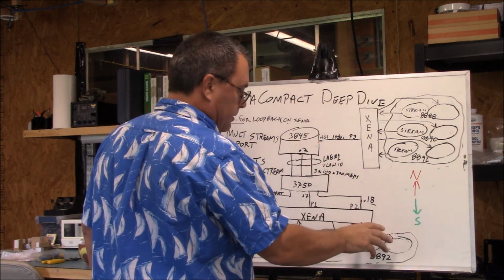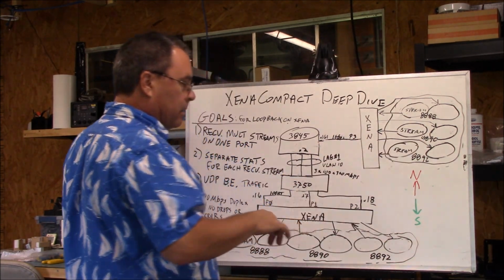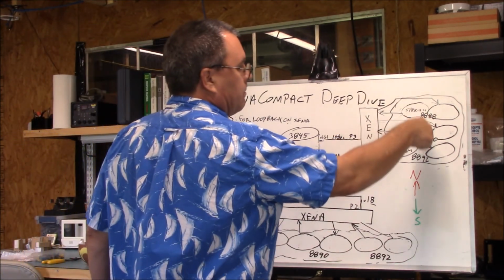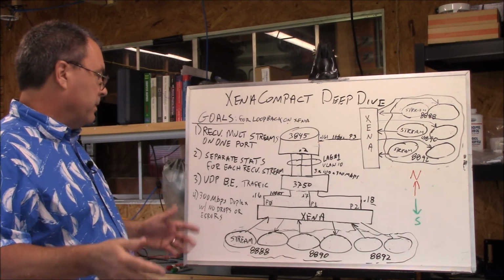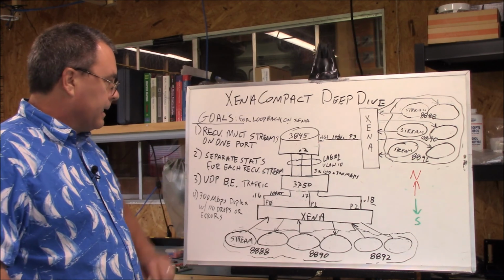So like if this stream right here is dropping packets, but these 2 aren't, I want to be able to differentiate that. I don't want just one big pot right back here that says, well, I'm receiving 3 streams and somebody's dropping traffic.